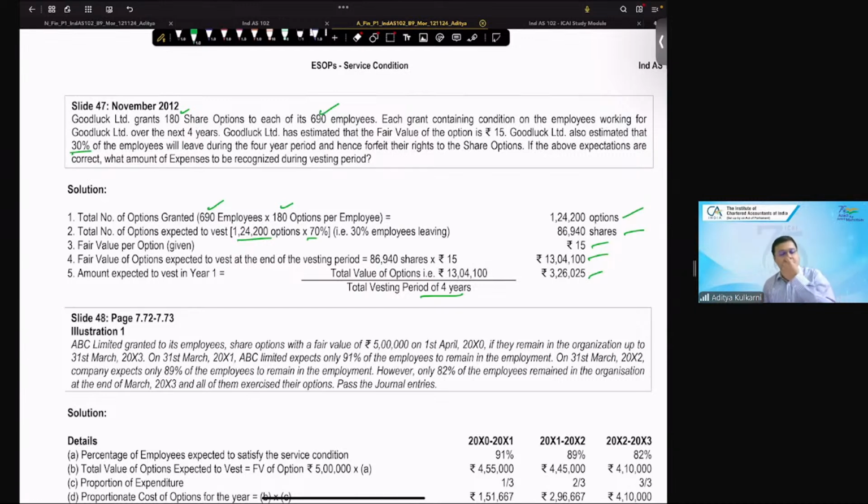That will be my annual expense. Are we okay with this? Clear? Any doubts? Monica, Karthik, Hemant, Niranjan? No, sir. Kishore, all clear. Okay, fine.